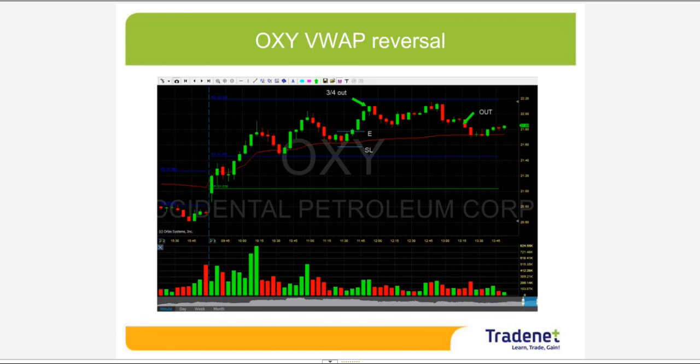It was much lower than the volume in the green candles. What do you think? Why is that important? To see that in the pullback, so in the counter move to the VWAP, I want to see lower volume. Why is that important? Exactly. Yeah.